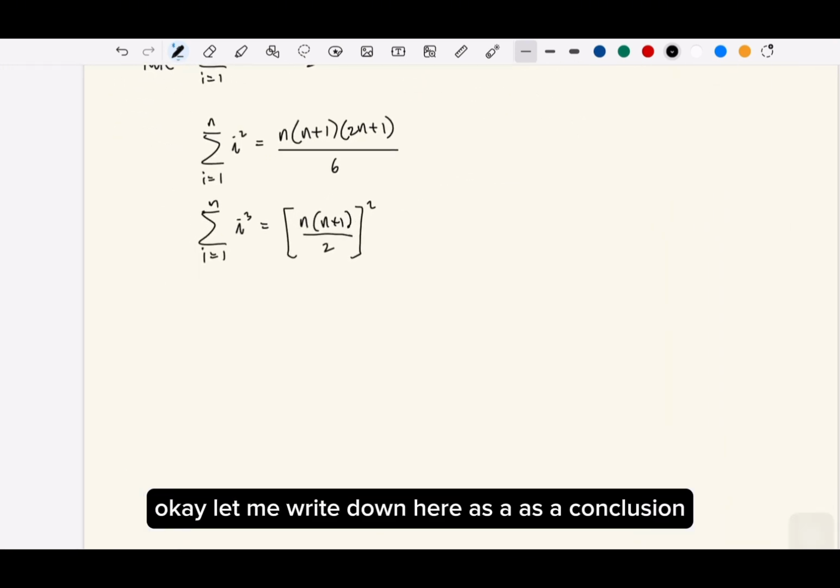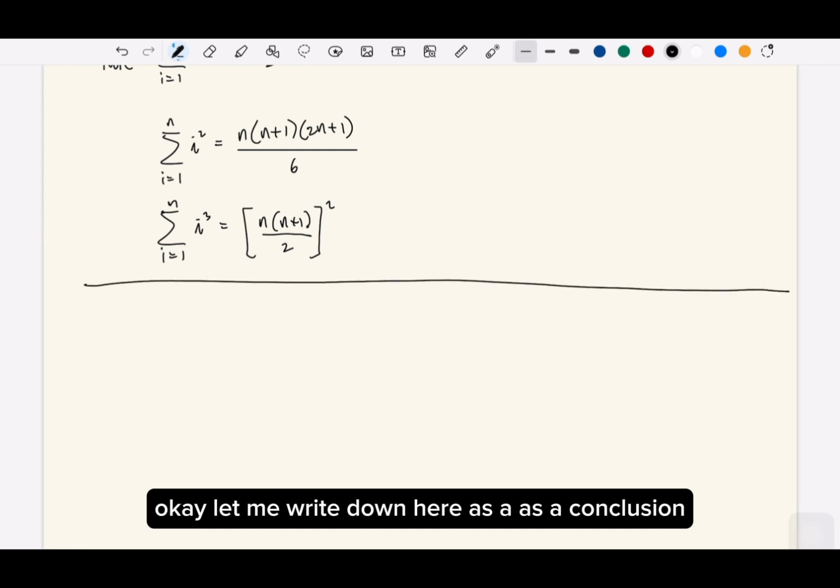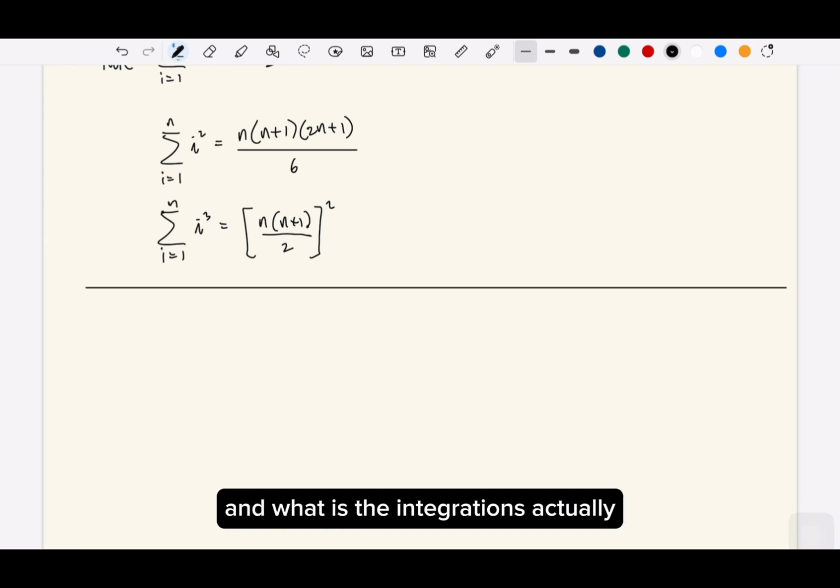Okay, let me write down here as a conclusion what the integration actually is.